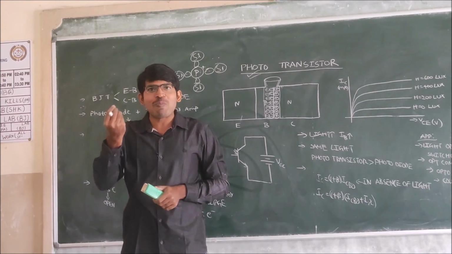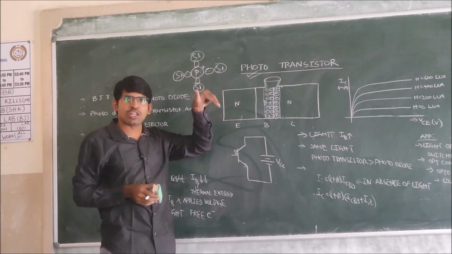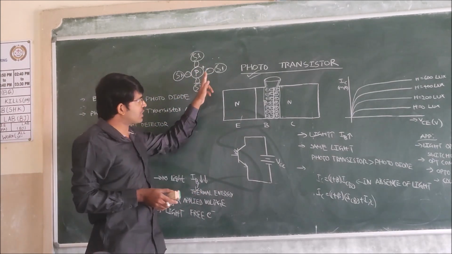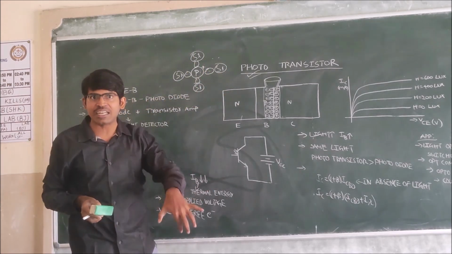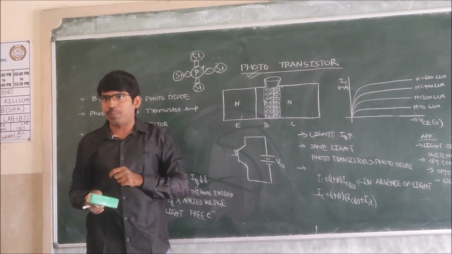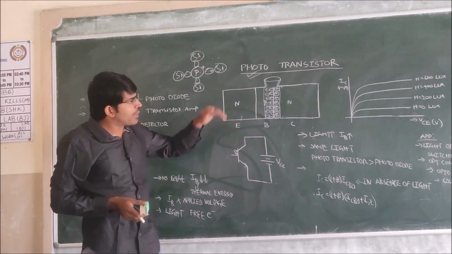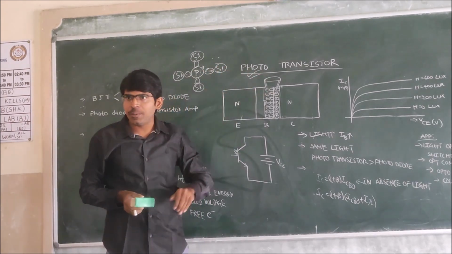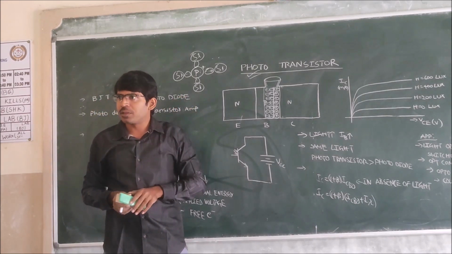Whatever the form of energy you give to the electron in the covalent bond, it gets excited and comes out because it got extra energy compared to the electron that has to be in the last orbit. So a hole is forming. Because of this incident light, electron hole pairs are being formed.